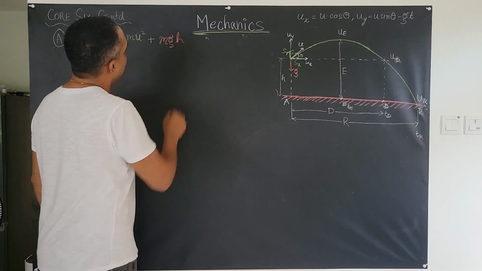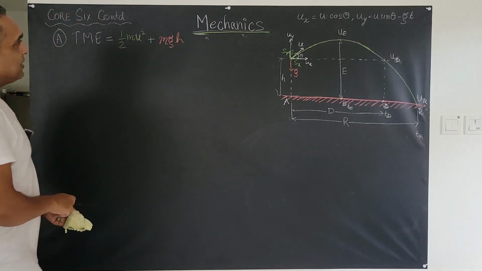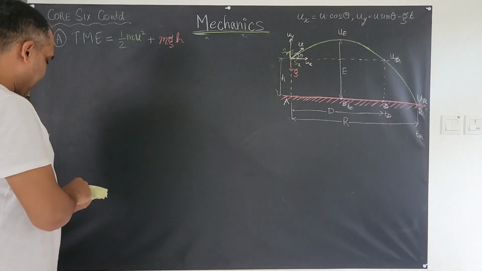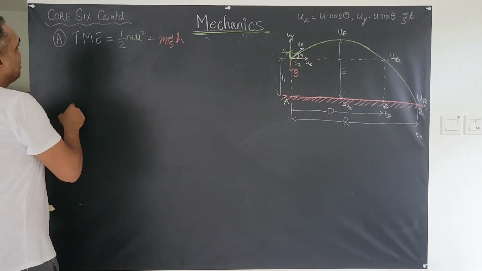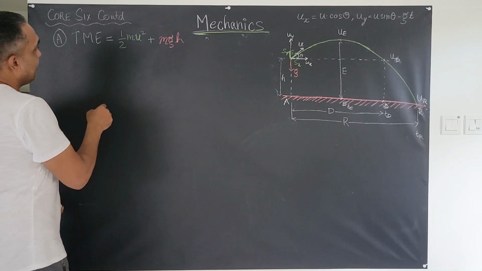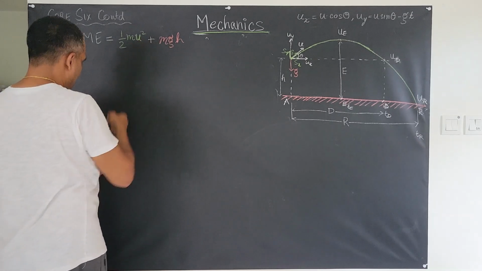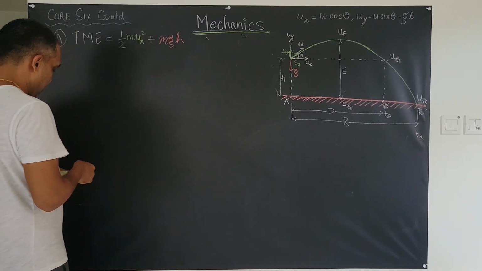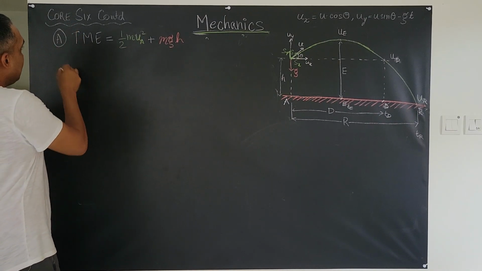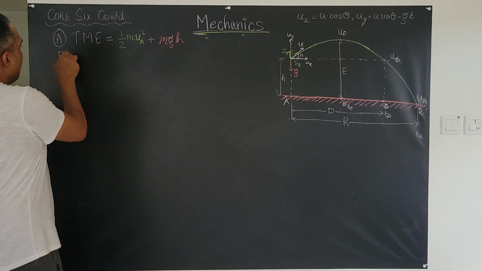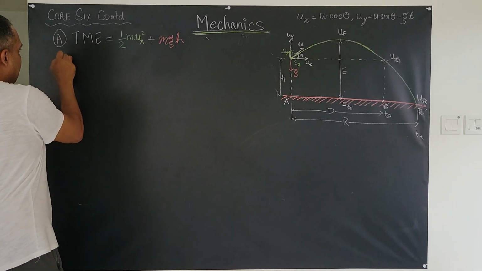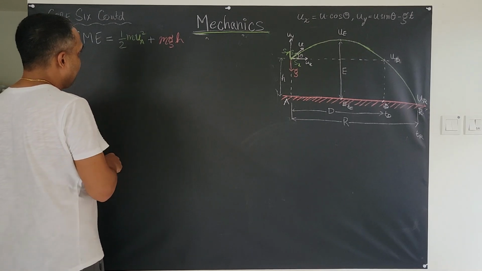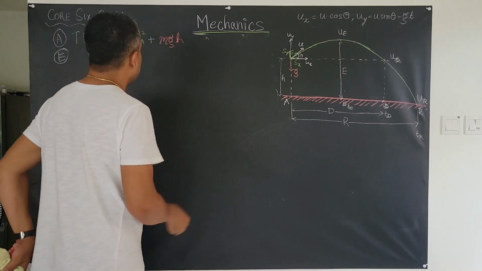I don't know if the colors are obvious, but that should give you an idea. So if you use this perspective, imagine what you can do. So this would be at A. Let's just say this is at A. Perhaps here, if I wrote point E, which is my next checkpoint, I would now write total mechanical energy as, there would be a velocity.